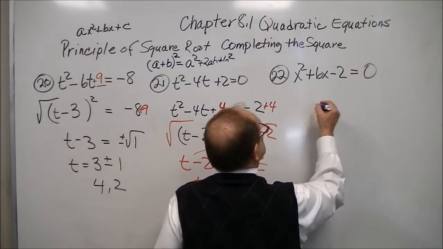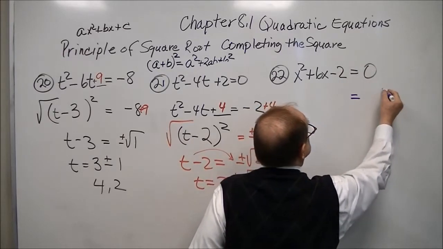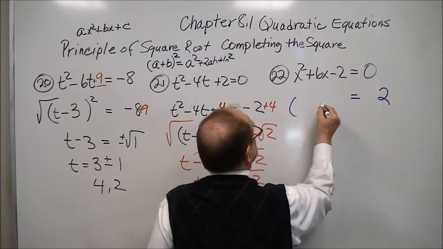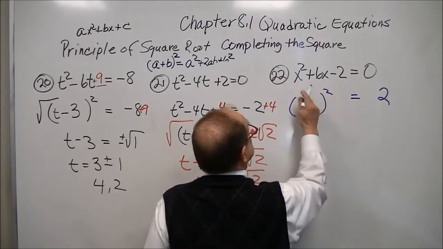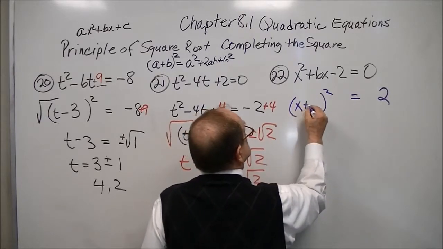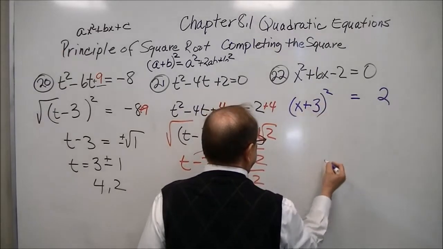So we're going to transpose the 2. Negative 2 becomes a 2 on this side. And I'm going to put my parenthesis, squared. X goes there. Plus goes there. Half of 6 is 3.